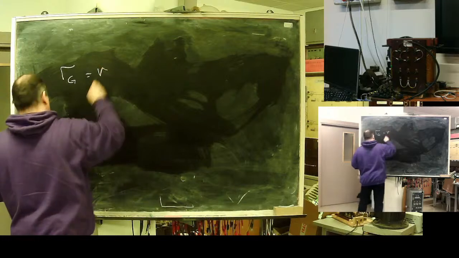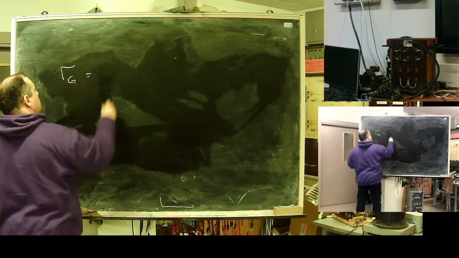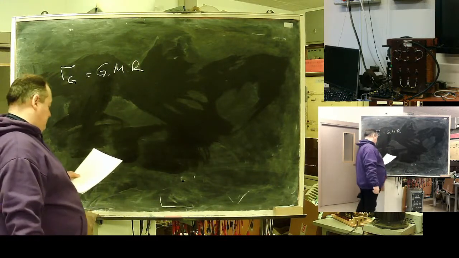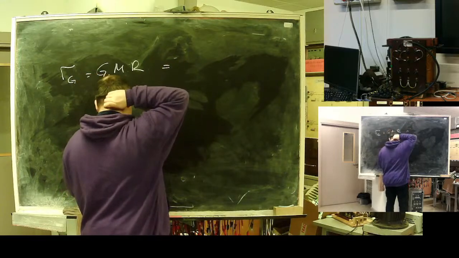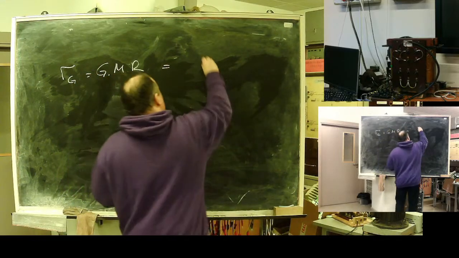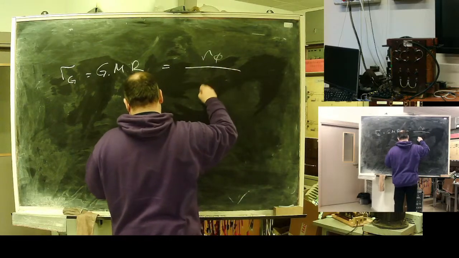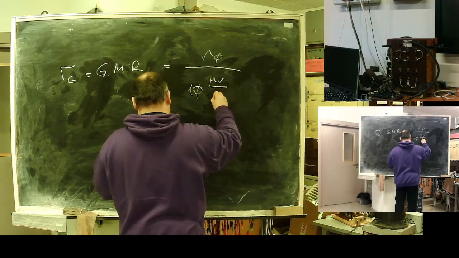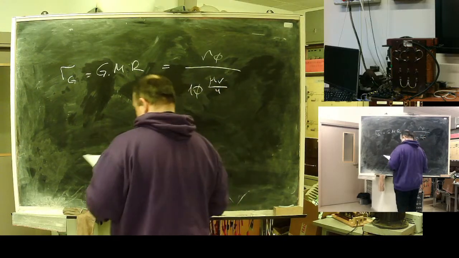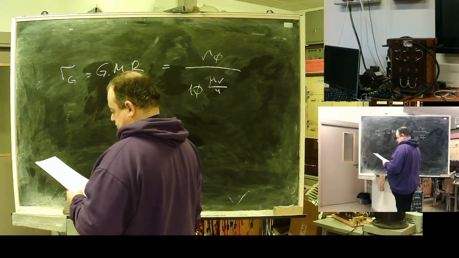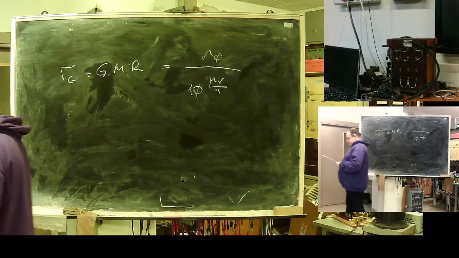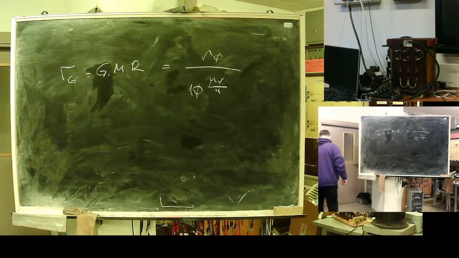GMR, geometrically mean radius, is L0 divided by 10 power mu y divided by 4. It's for monolithic.